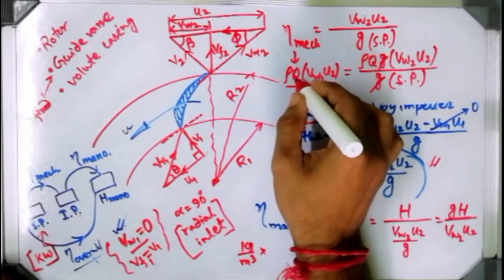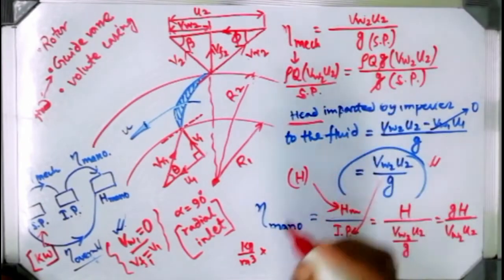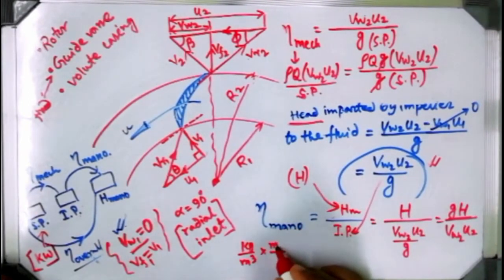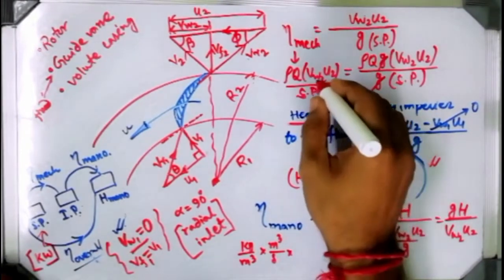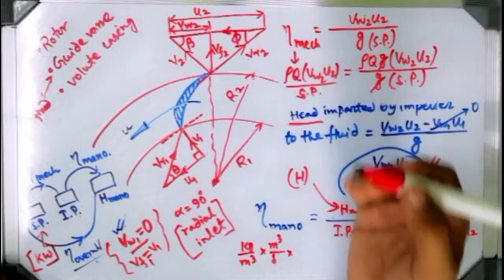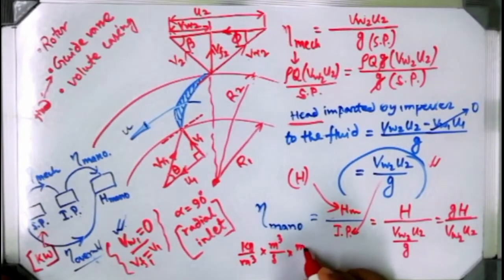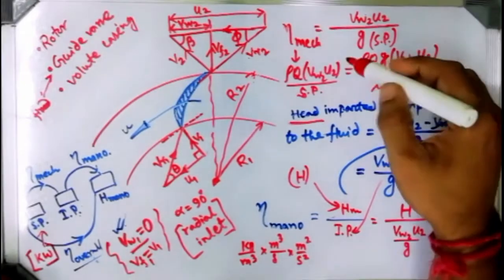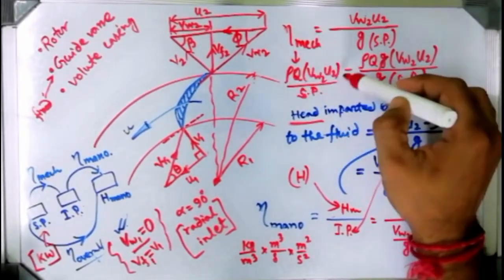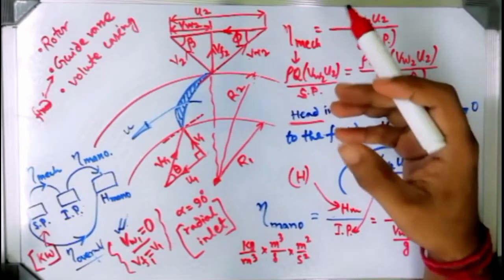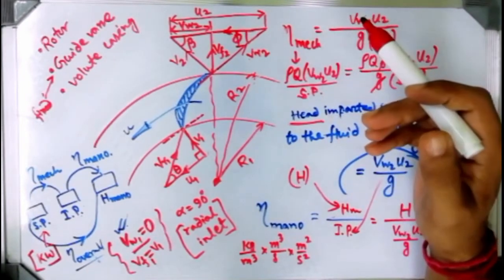Use the unit of discharge, Q is nothing but discharge. Discharge means volumetric flow rate, meter cube per second. And VW2 and U2 are all in meter per second, so it will give you meter square per second square. Are you getting me or not? What I am trying to show you is whether this numerator term gives you watt or not.